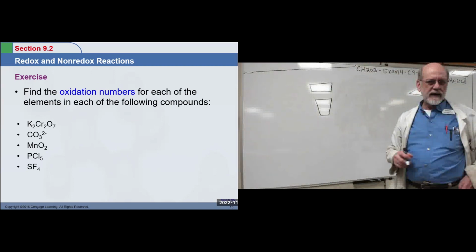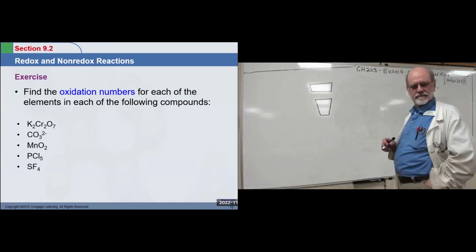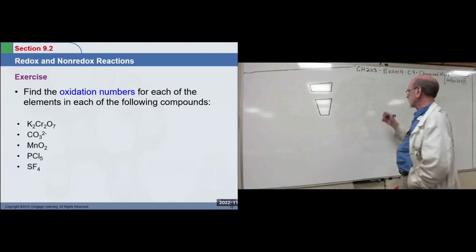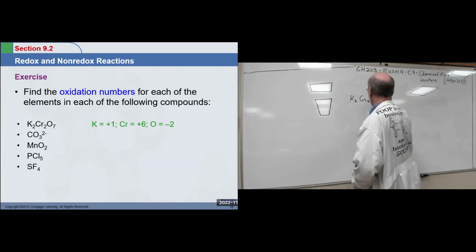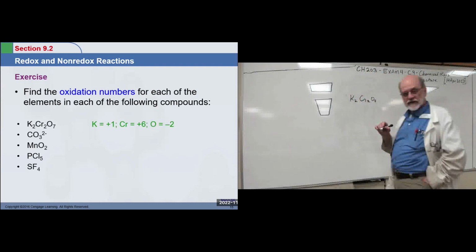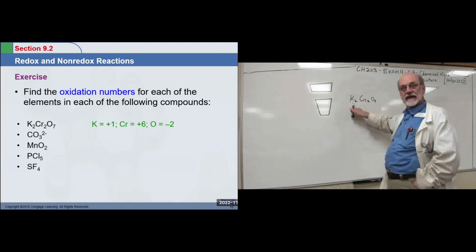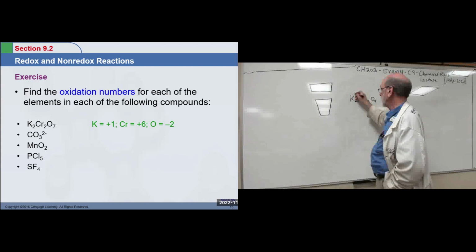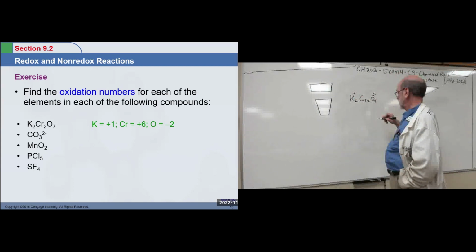Okay, let's do a couple of these. Let's see, potassium dichromate. We have K2Cr2O7. That's a neutral compound. Potassium is an alkali metal, so it has to be a +1. Oxygen is a -2.